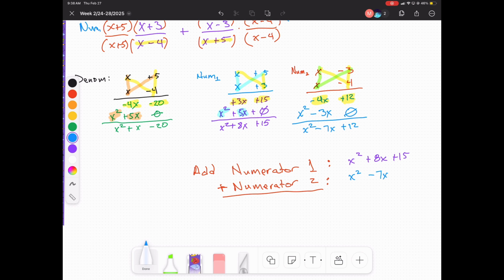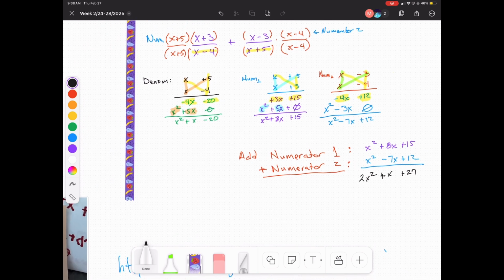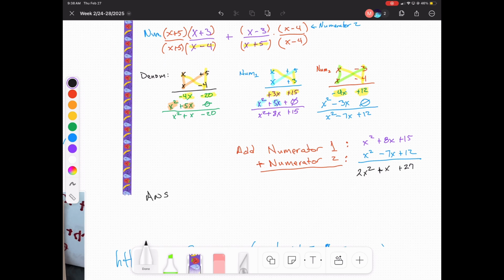And then my numerator 2 is x squared minus 7x plus 12. Combine like terms, I end up with plus 27 plus x and 2x squared for my quadratic term. Now that I have that, my answer in the numerator is 2x squared plus x plus 27 divided by x squared plus x minus 20.